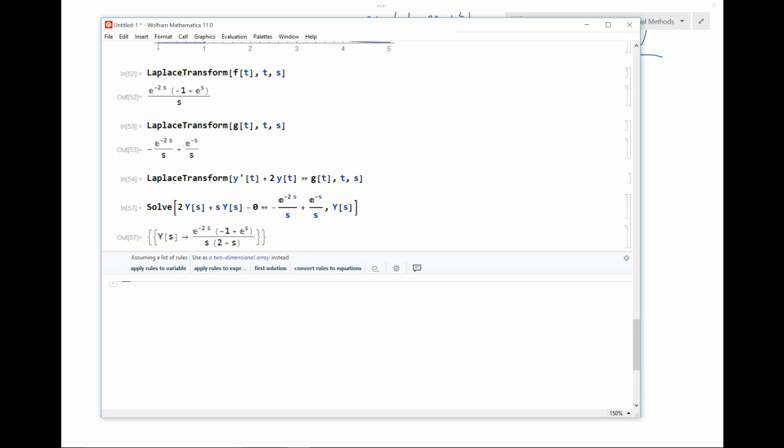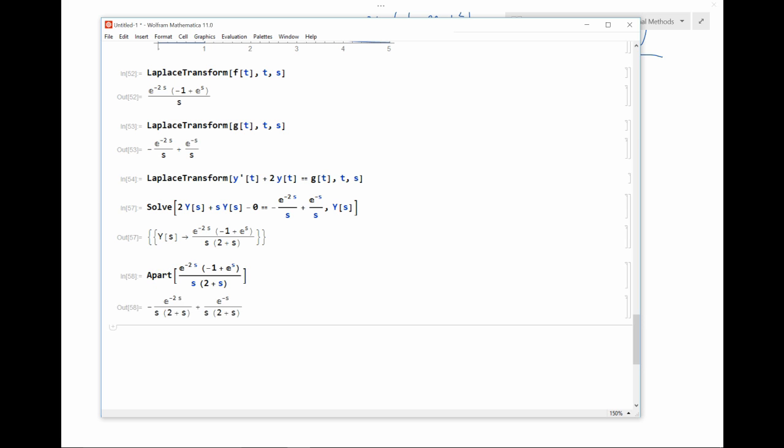Okay. So this is the Laplace transform y of s. And what we did is we computed the partial fraction decomposition of this term. But the Apart command doesn't work very well when we have exponential terms in there.